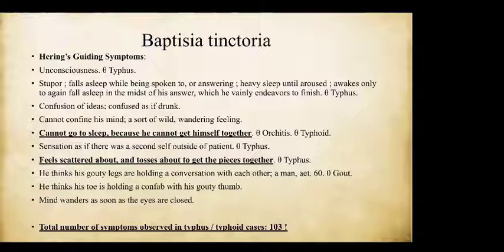They have been observed on the basis of Bell's indication that there is something about being separated and scattered about. Then the total number of symptoms observed in typhus, typhoid cases treated with Baptisia apparently successfully is 103. Now keep that in mind, because later on that becomes important to realize why, particularly under these clinical conditions, under these ailments.